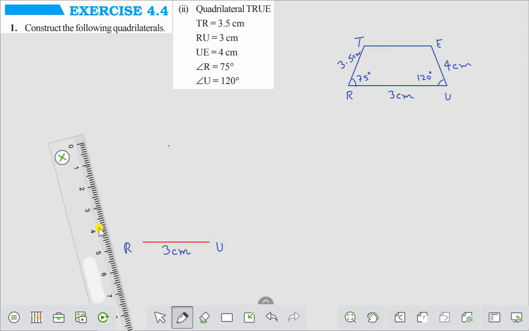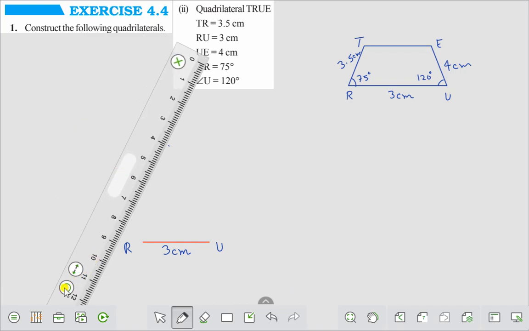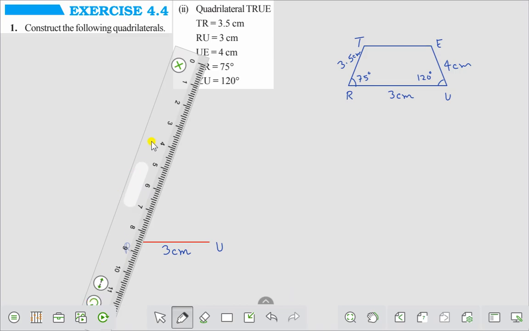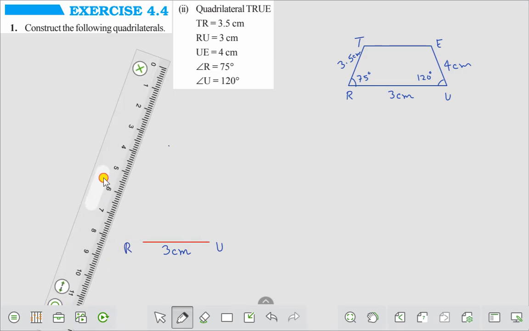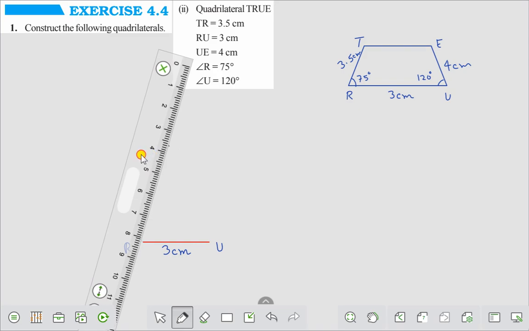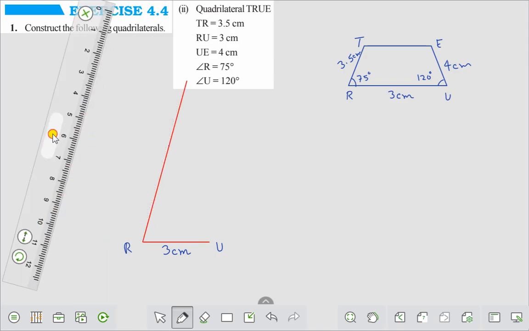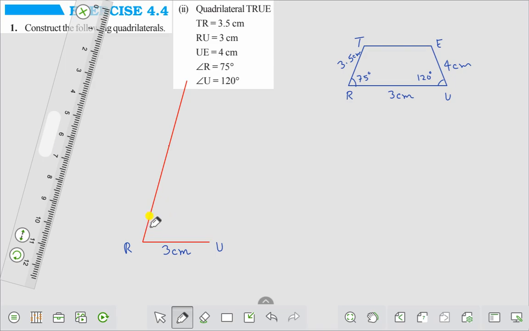Make this angle of 75 degree at the point R. This is 75 degree.